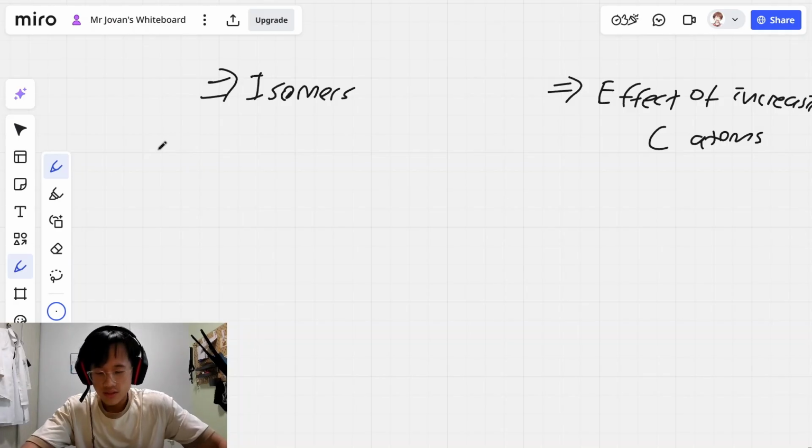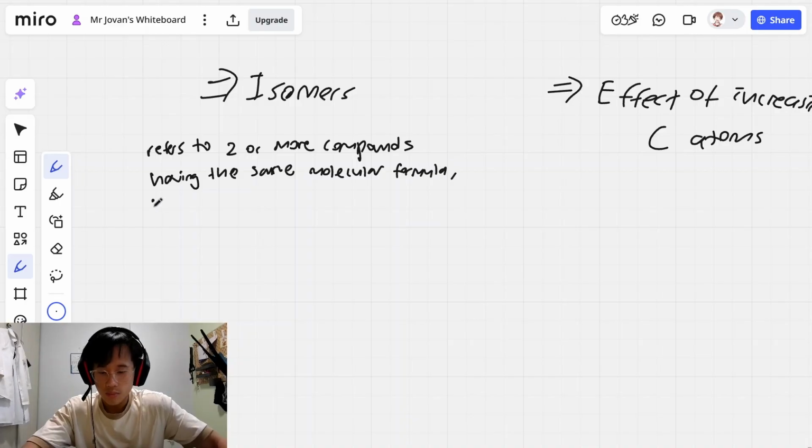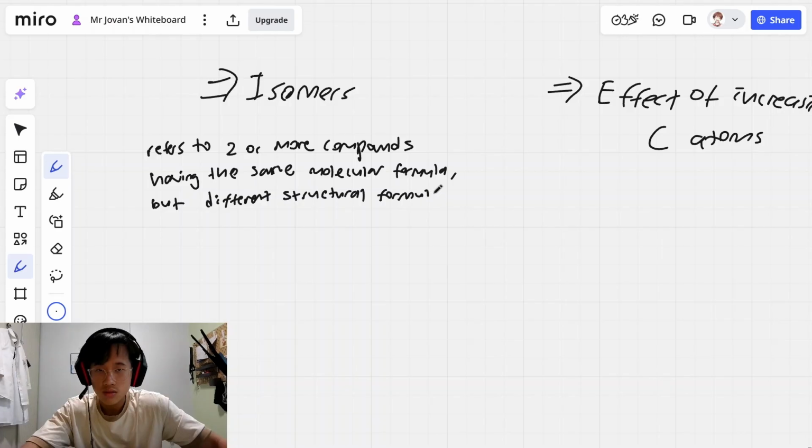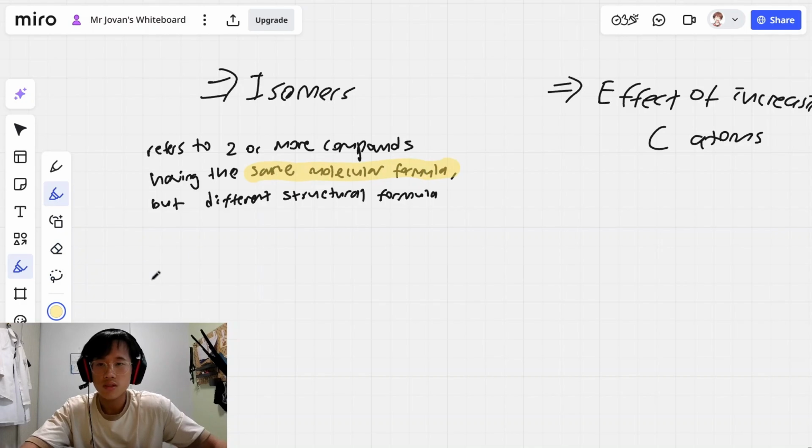If you recall, isomers refers to two or more compounds having the same molecular formula but different structural formula. I'm going to highlight our keywords here: same molecular formula, but different structural formula.